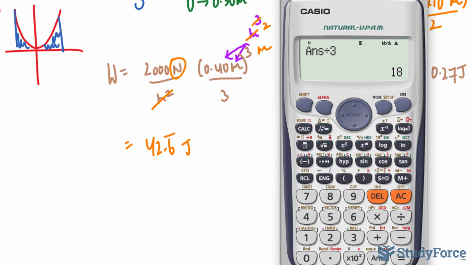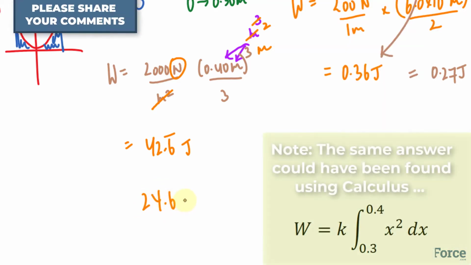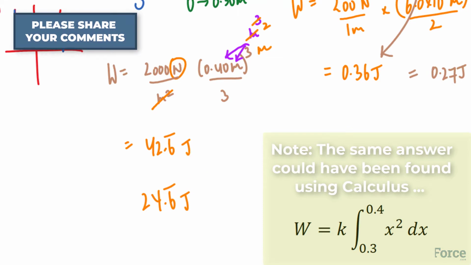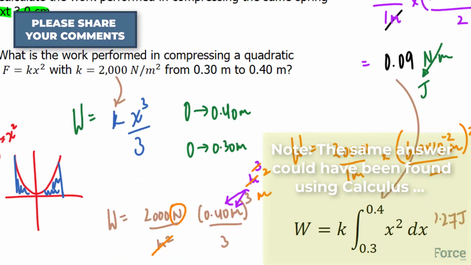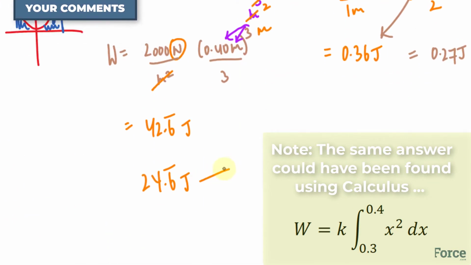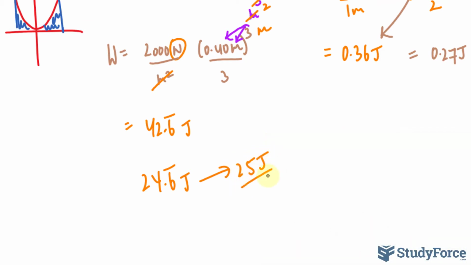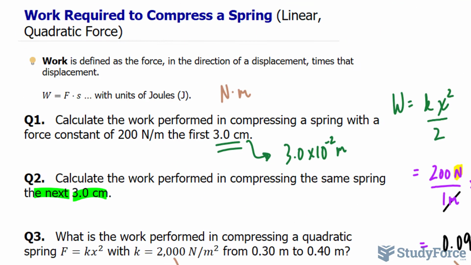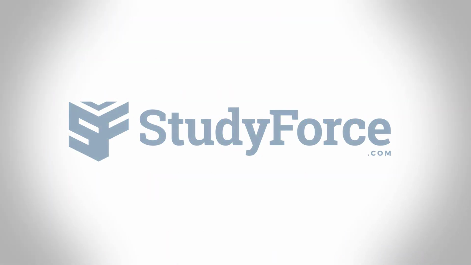I'll subtract 18 from 42.6. So 42.6 repeating minus the answer we just got, and that is 24.6 joules repeating. And if we want this to the correct number of significant figures, we should write down 25 joules for simplicity. And there you have it. That is how to calculate work required to compress a spring when force is applied linearly and parabolically.